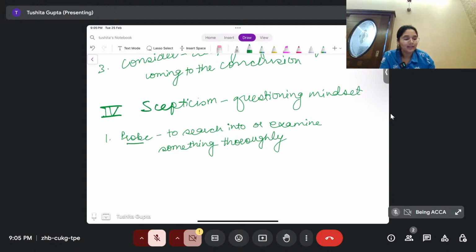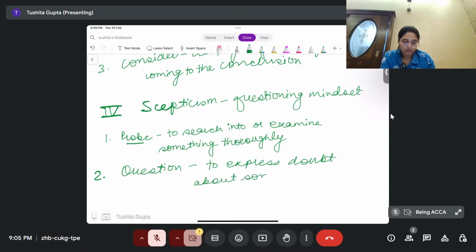The second thing that you are going to do in skepticism is question. So, you are going to express doubt about something. So, let us suppose the NPV for the investment that you are trying to consider is coming out to be positive.